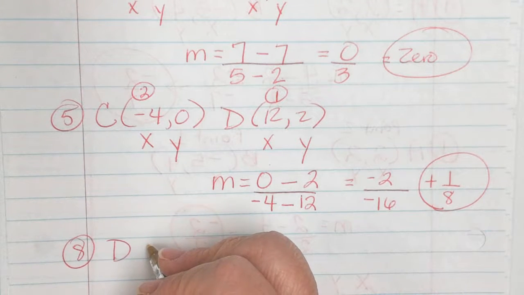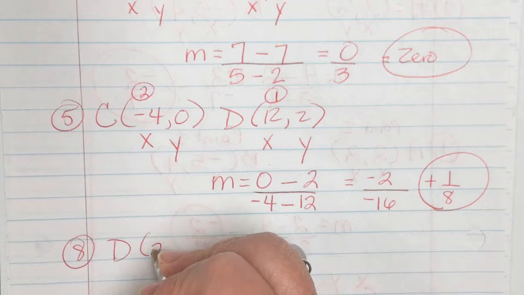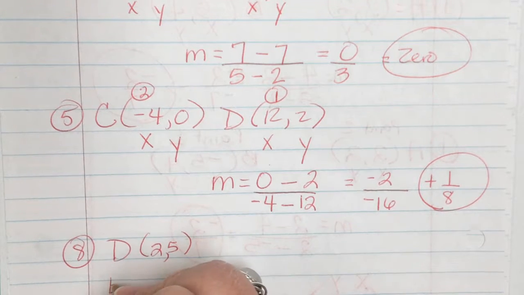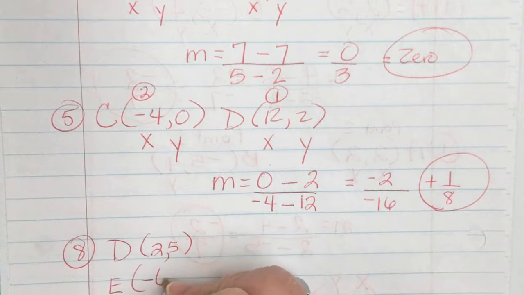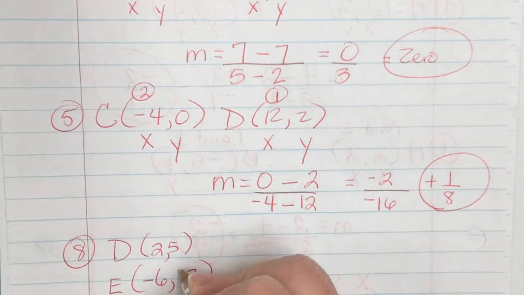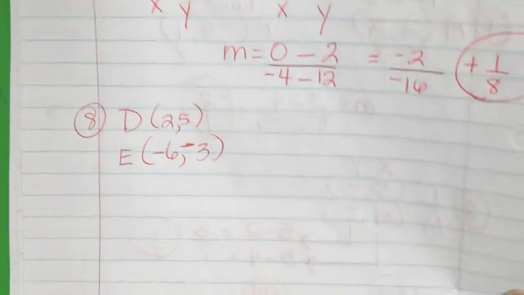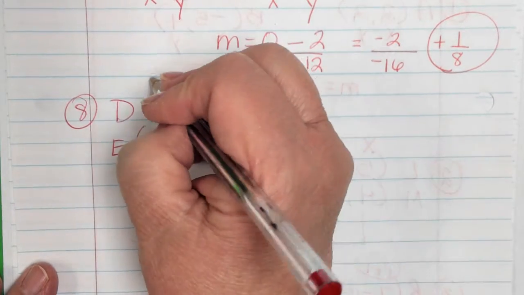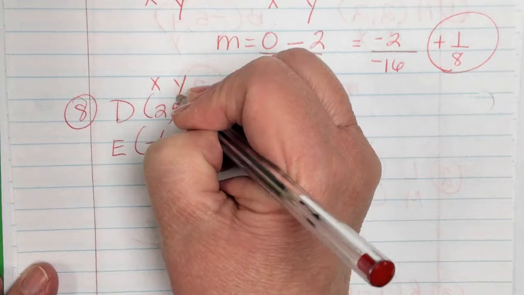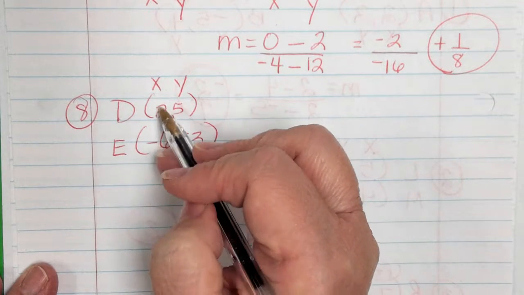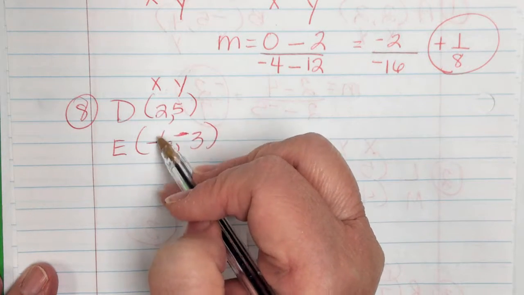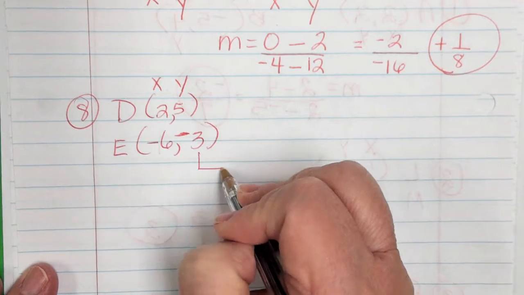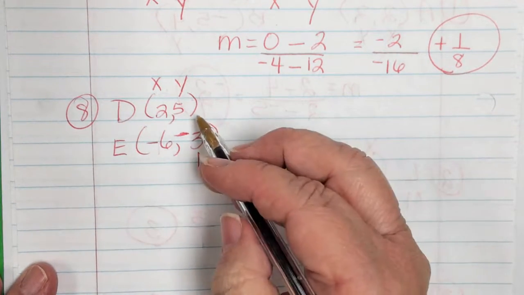We have the point D, which is 2, 5, and E, which is negative 6, negative 3. Make sure you can see your negative signs. I'm going to do the stack and subtract just to show you that, again, it works. Remembering each number in first place in the parentheses is x, and in the second position is y. Rise is the change in y.